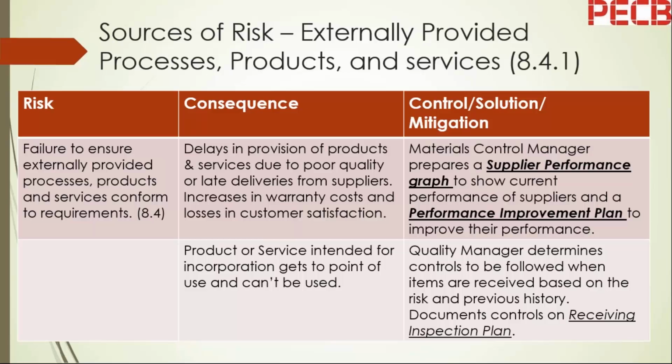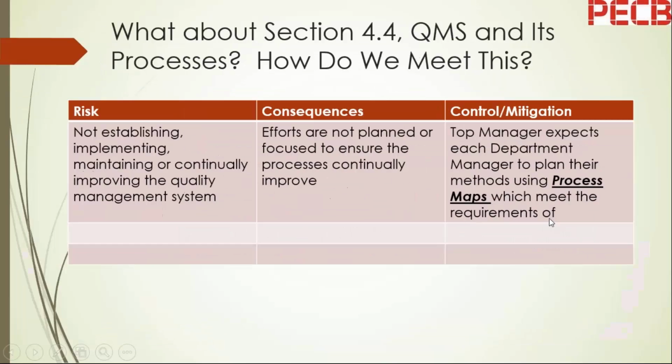On externally provided processes, the risk for products and services is failure to ensure that those processes conform to requirements. The consequence is that we would not be able to meet our service delivery requirements or our products not be quality. So we're going to put in some controls to meet those requirements.